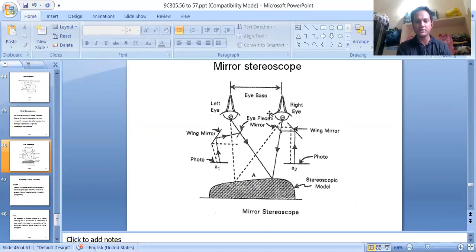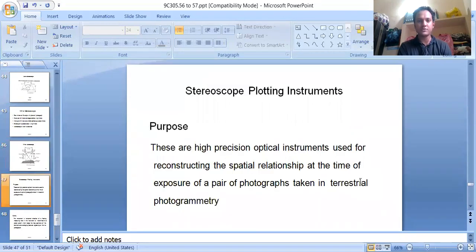These are wing mirrors and these are eyepiece mirrors. We are getting a single stereoscopic model here. We are observing from the top and we are fusing the common details, and finally we are getting the stereoscopic model of the object. This is how we fuse in the mirror stereoscope.